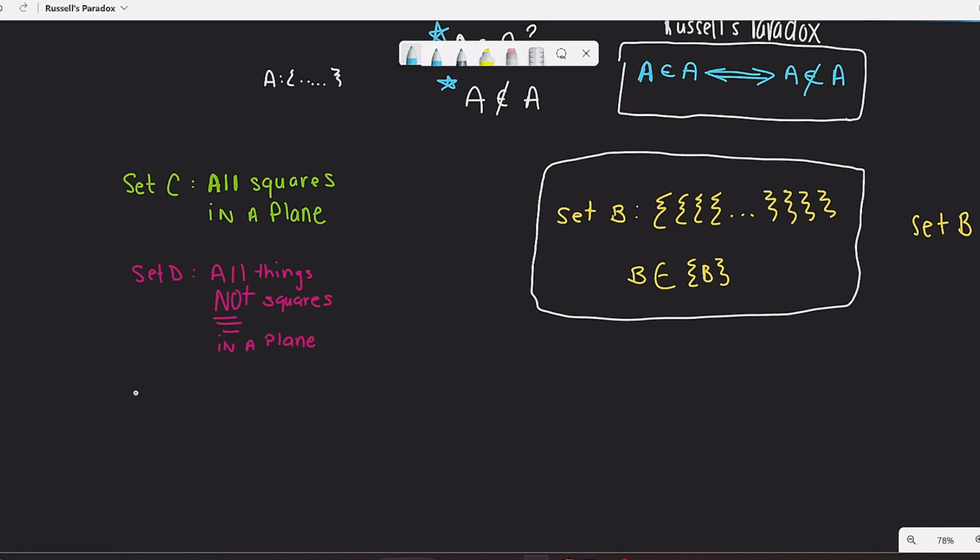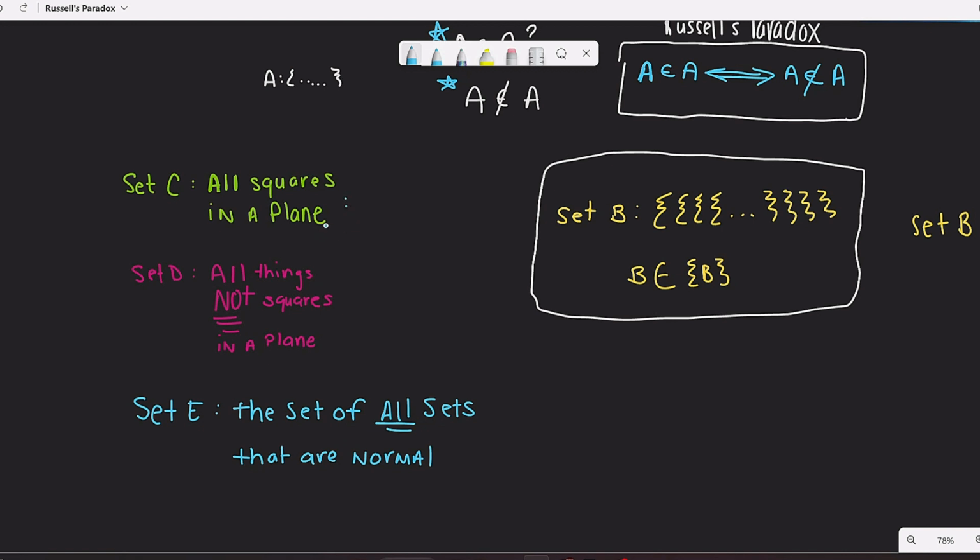We'll call it set E. And set E is the set of all sets that are normal. And you might be thinking, wait, this is different. Well, not exactly.